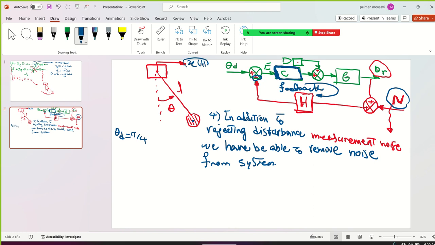Keep it forever. As you saw in the MATLAB code, it oscillates, but I want to keep it at 45 degrees, while you have disturbance and while you have noise. You got it? Yes, everybody? Yep. Good.